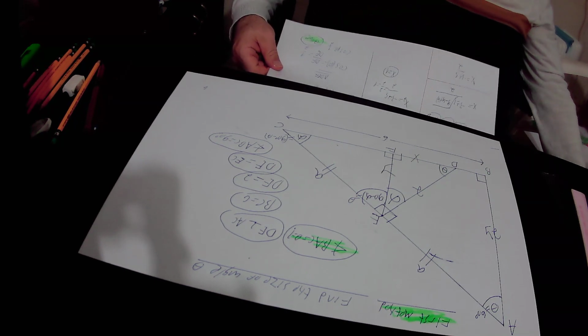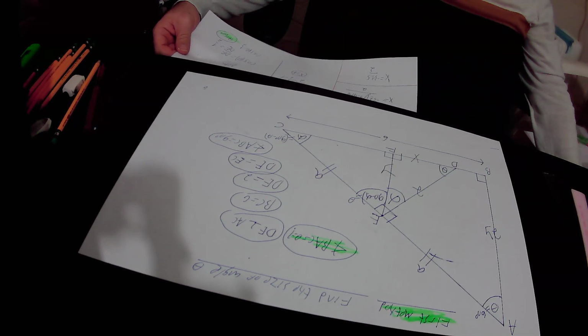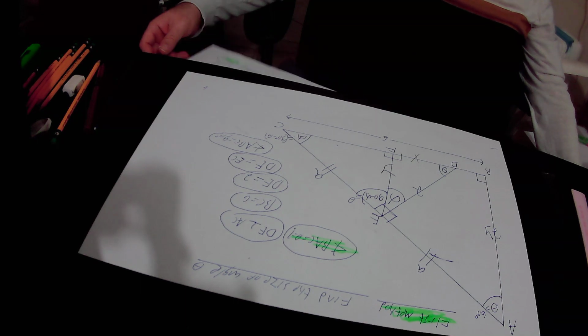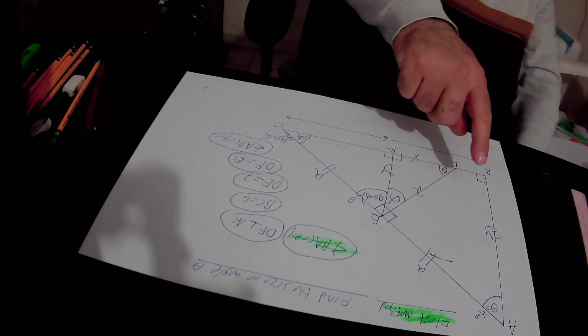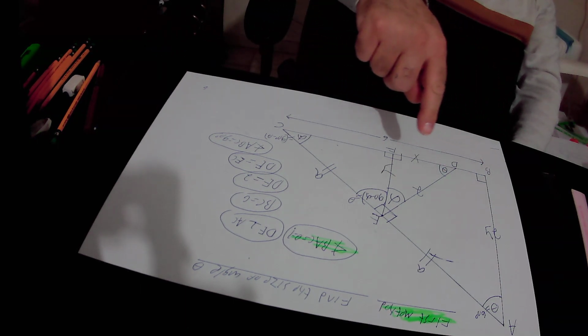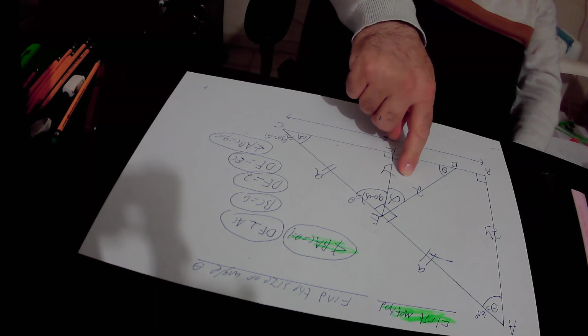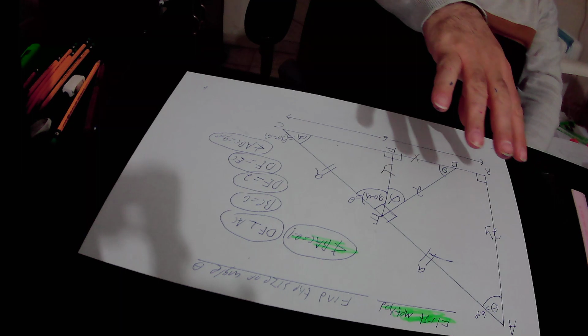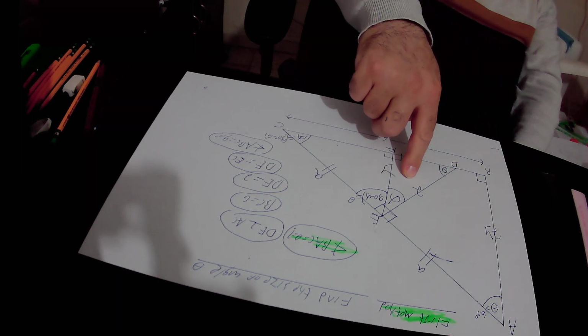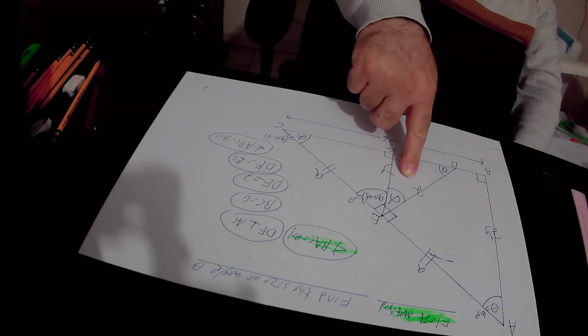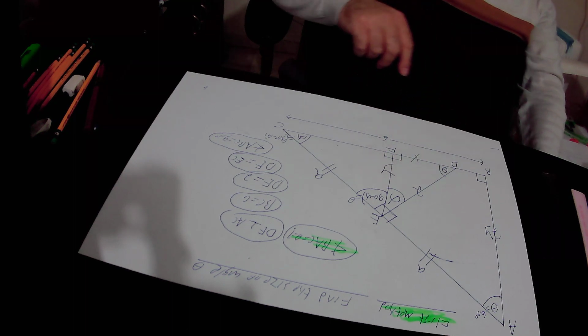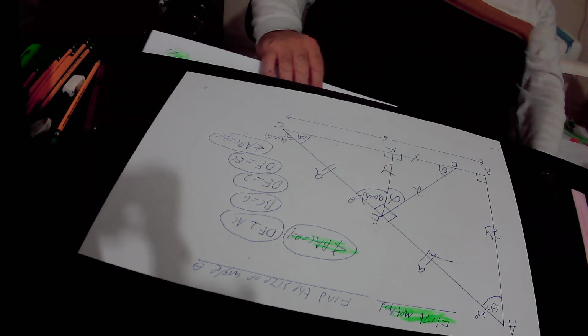Likewise, we proved that the big right triangle ABC is similar to the small right triangle EFD. Why are those two right triangles similar to each other?